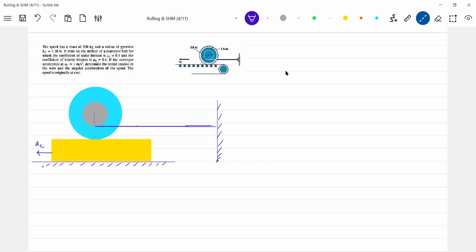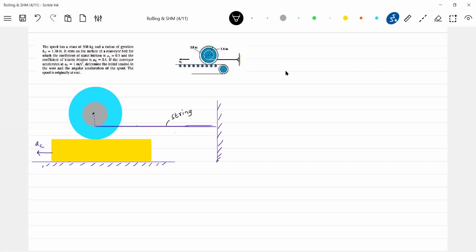Now get into this. There's a chord or a string, whatever you want you can take it. The acceleration of the plank, or rather the acceleration of a conveyor belt, it is.